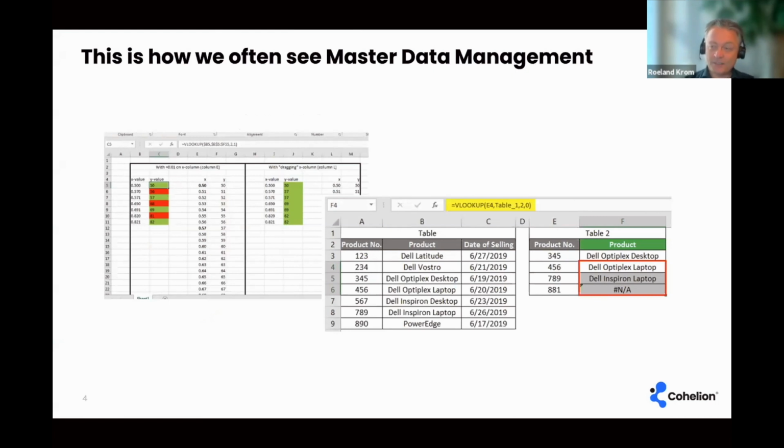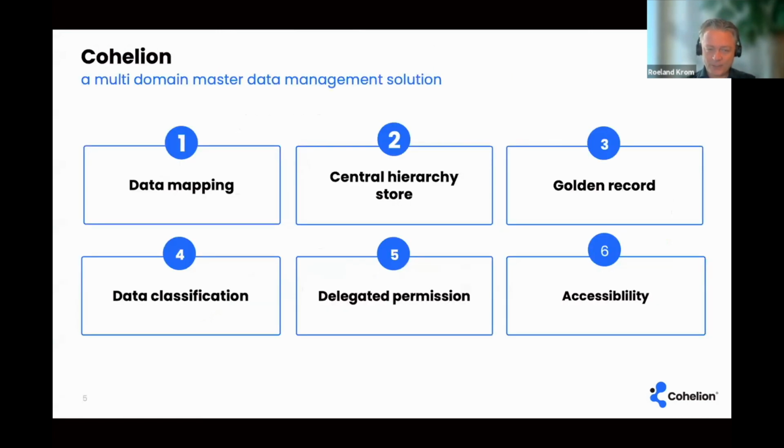It actually contains six features. These are six features that are present in our master data management solutions. They're all built as a result of practical problems that we've come across at our many customers, and that we found a practical solution for.